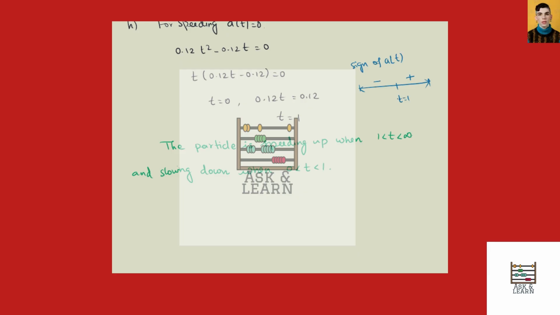Also we can write it as speeding down on (0, 1), and speeding up on (1, infinity). I hope you understand the solution.